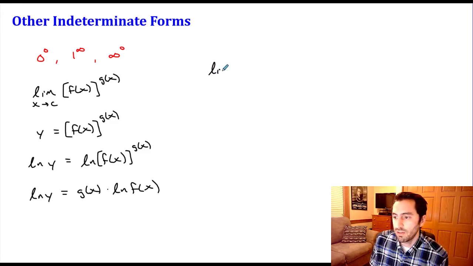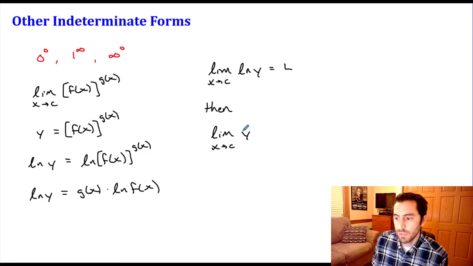So we want to find the limit as x approaches c, and we're going to take a look at the limit of the natural log of y. If this is equal to some number L, then using our properties of logarithms again, our original limit, the limit as x approaches c of our original function, where y was our original f of x to the g of x power, is going to be equal to e to whatever that number is.